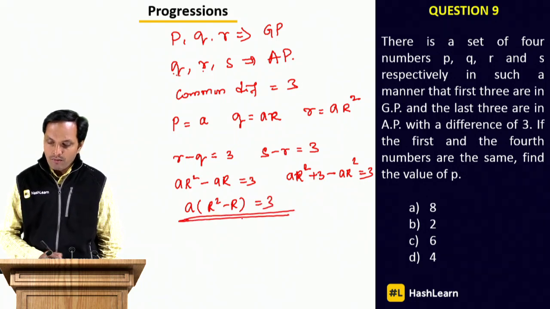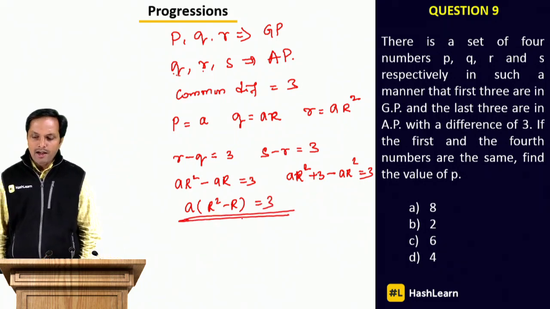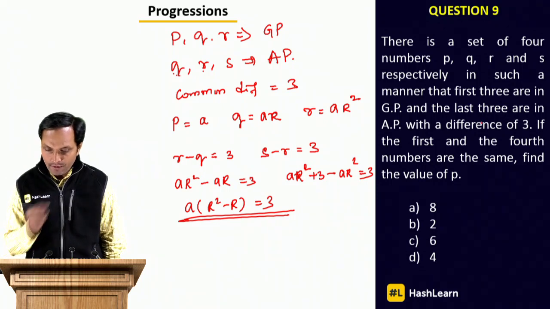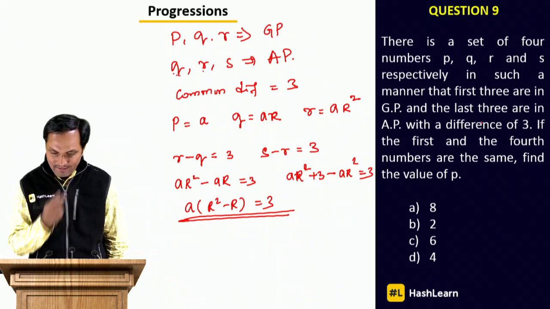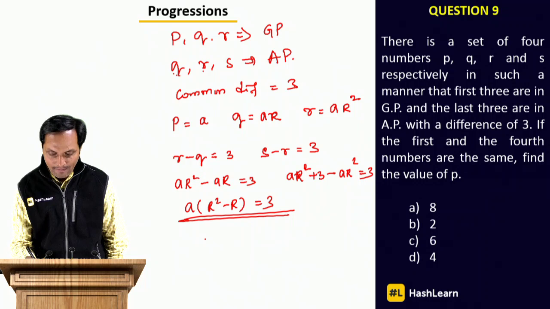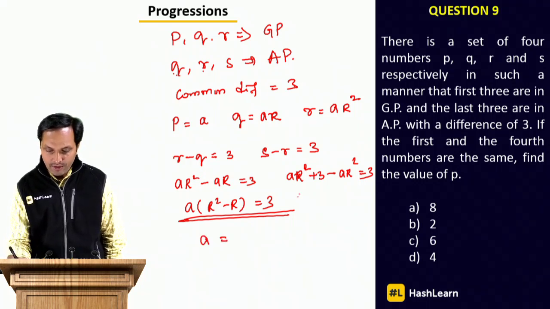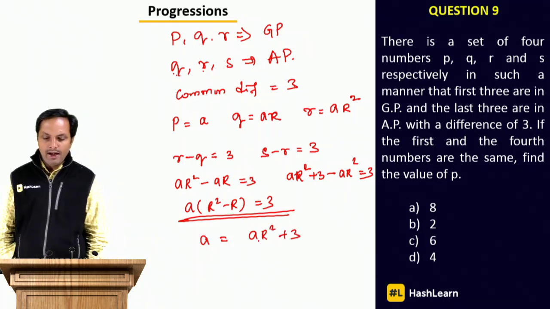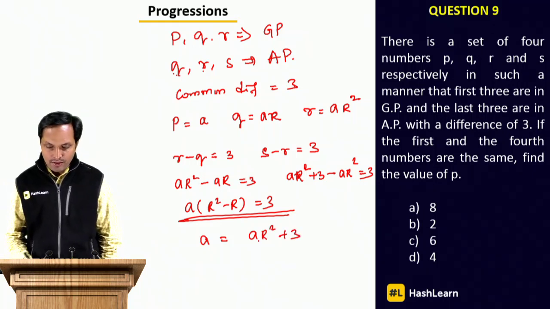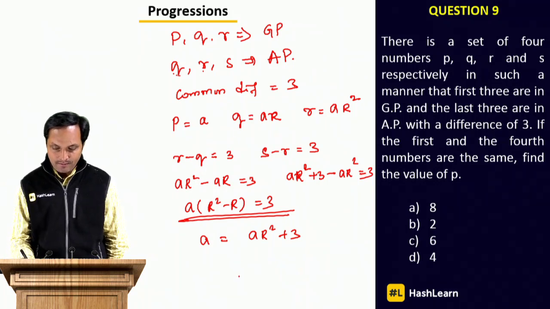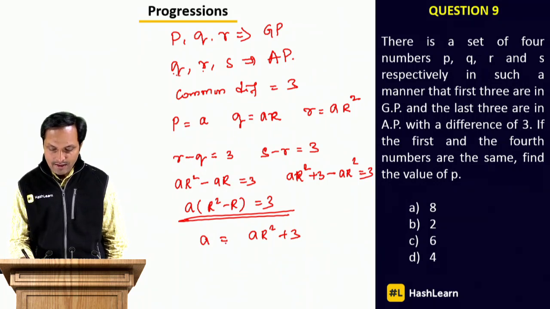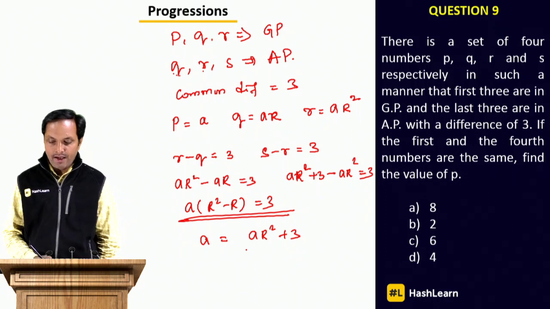So this is one of the equations we are getting, and you know that the first and fourth are the same. The first one is a, and the fourth one, as I just wrote, is ar² plus 3. So a = ar² + 3.